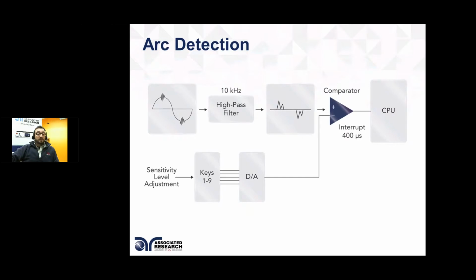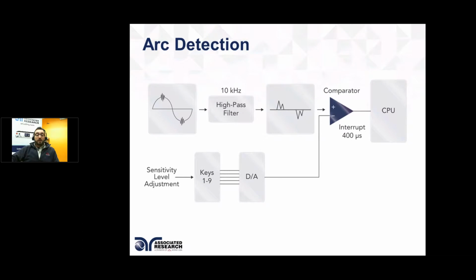Those high frequency signals are passed through a high pass filter, and once they're passed through the filter, they're fed into a comparator circuit. That comparator circuit compares those current levels with the user specified setting or sensitivity level, and it's usually from 1 to 9.